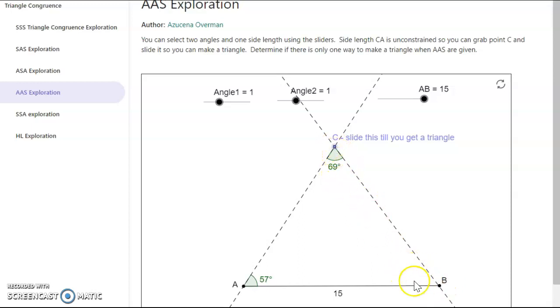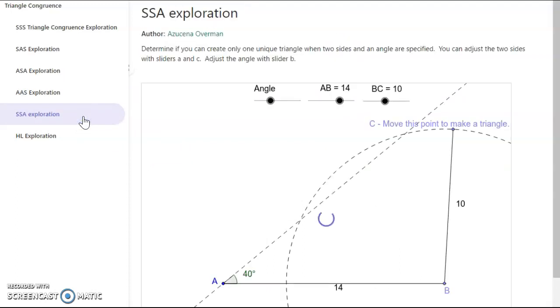And again, this just creates a unique triangle, meaning this length is set, all the other unknown lengths are set, and all the other angles are also set. So therefore, angle, angle, side is a valid congruence rule or condition. What about side, side, angle?